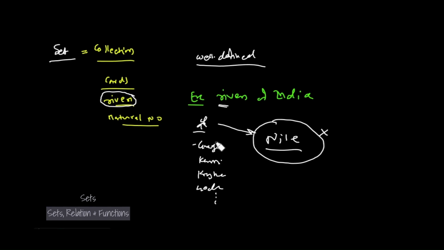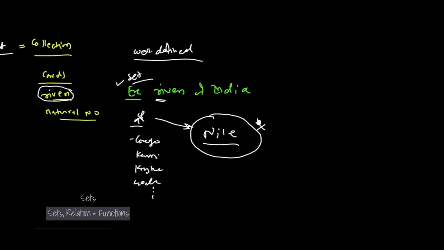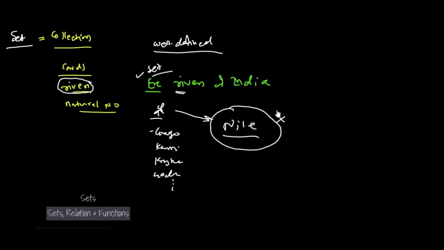Let us see now what is not well defined, or what is not a set. So this particular collection is definitely called a set. Now we will learn what is not a set. Let's consider one example.